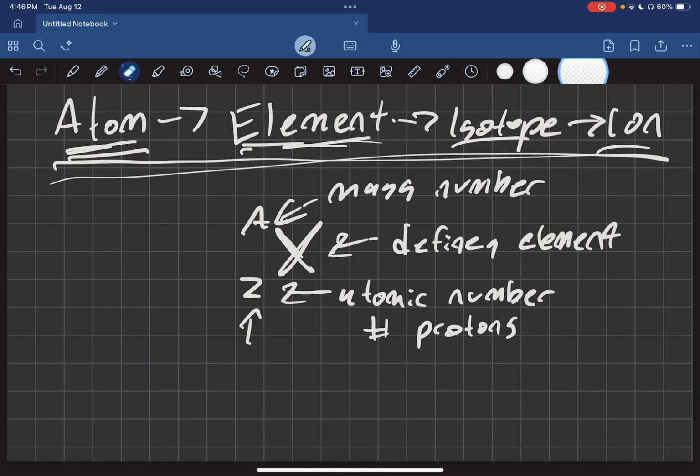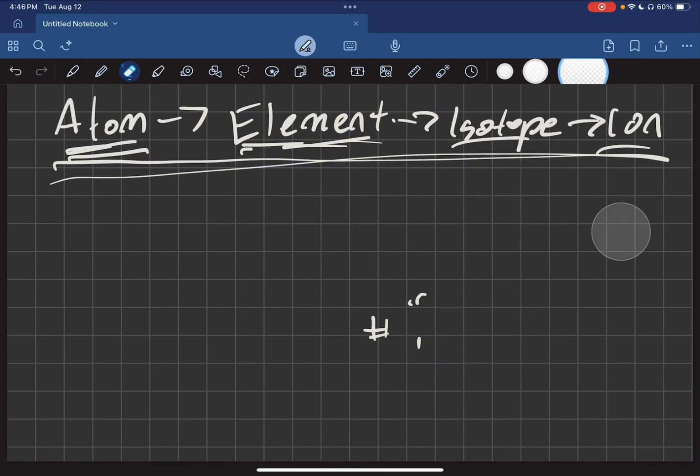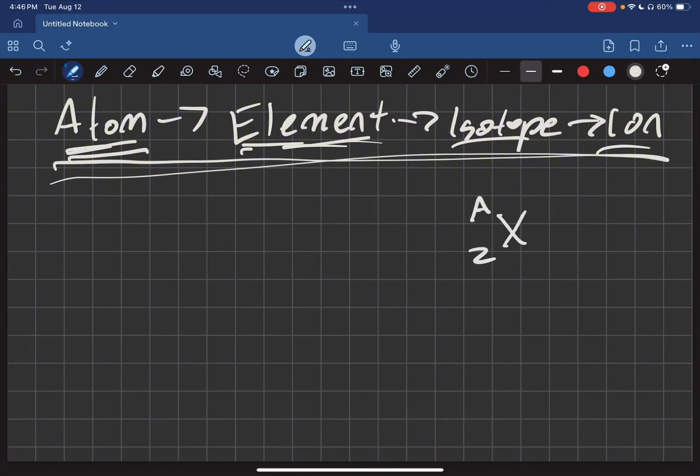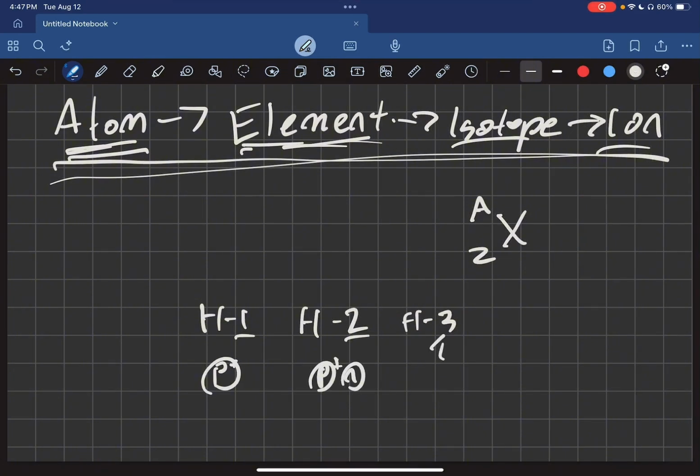Because remember, for example, hydrogen, let me just rewrite this, X with Z and A. Remember, hydrogen could be hydrogen 1, hydrogen 2, or hydrogen 3, where this 1 refers to the fact that there's just one proton. This 2 refers to the fact that there's one proton and one neutron. And this 3 refers to the fact that there's a proton and two neutrons.